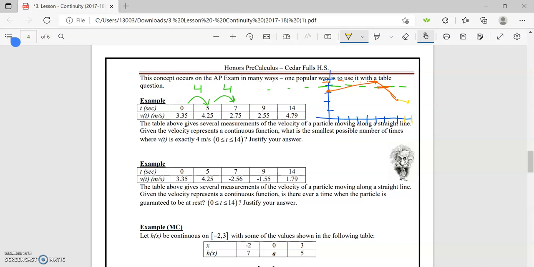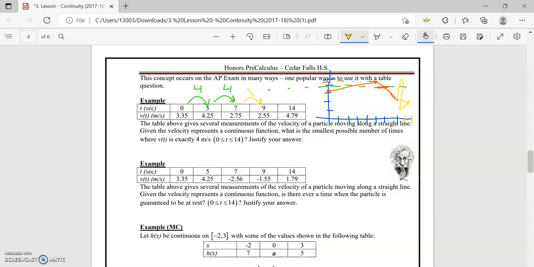There's a possibility that for some freak accident, my graph does go crazy up to 4 or 5 meters per second, but it's not guaranteed. So I cannot count it, since we want the smallest possible number of times. It's not guaranteed to have crossed it, so I'm not going to identify that.